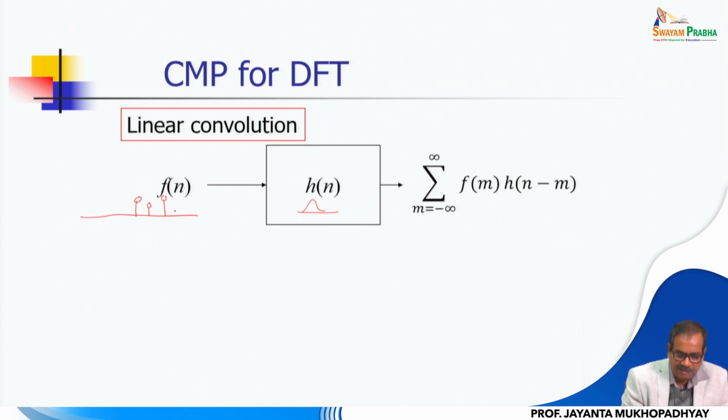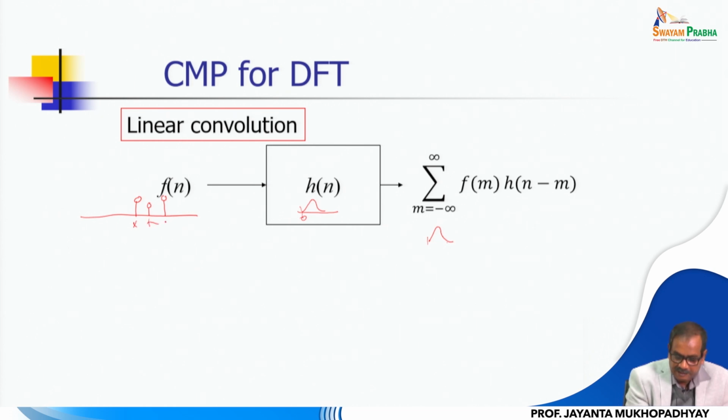So, what happens when you apply this convolution operation on that? Corresponding to this impulse, it will generate an impulse like this. It is a causal system, if I consider it is a causal system. So, this is the starting point, synchronized, the 0th point. It will generate this impulse here.